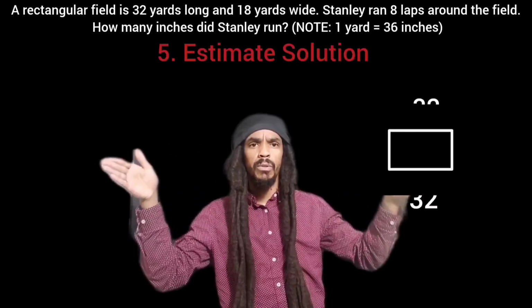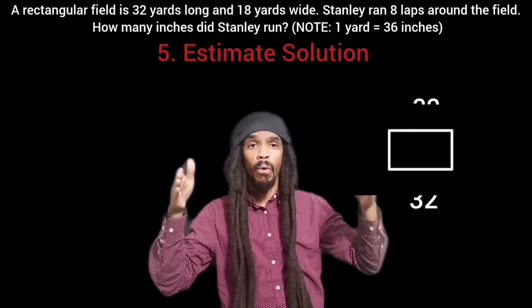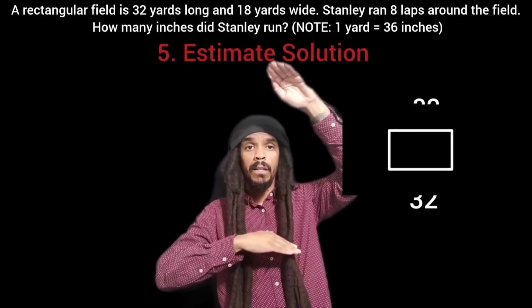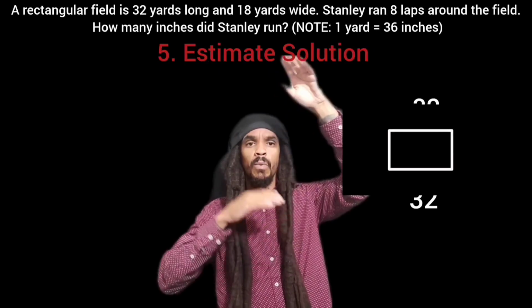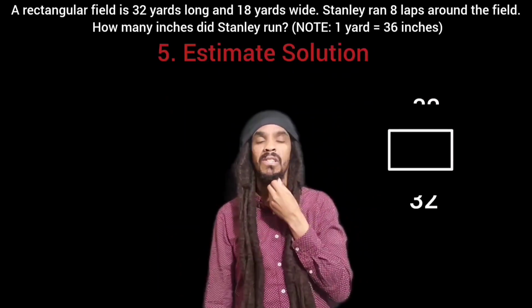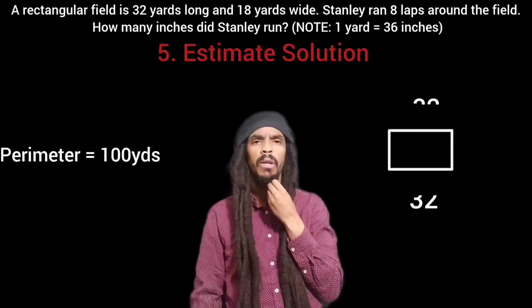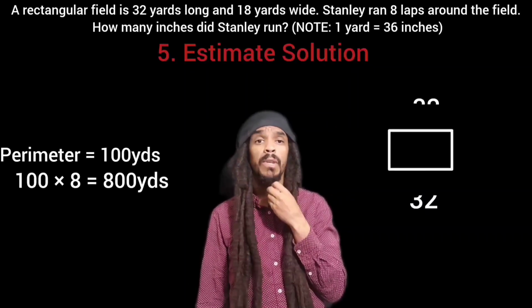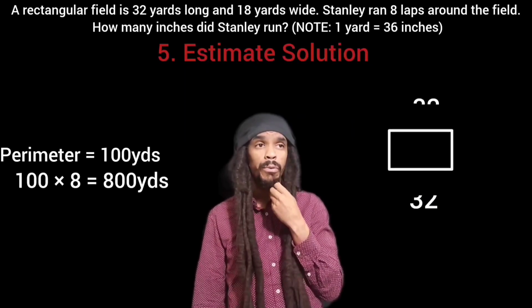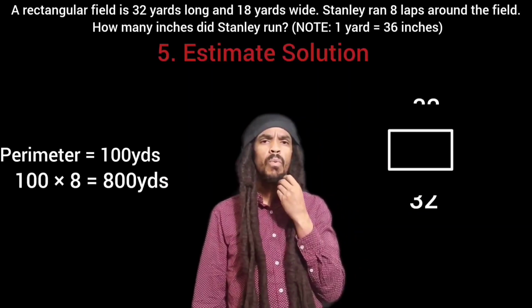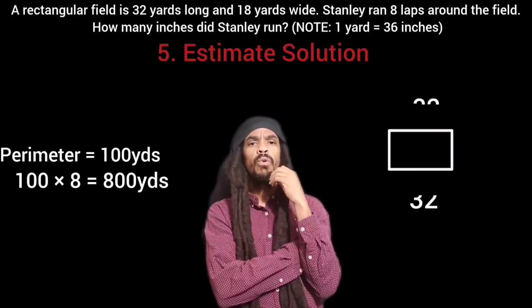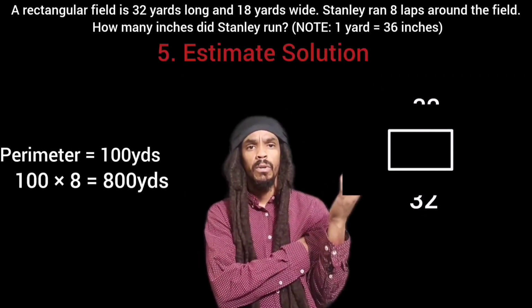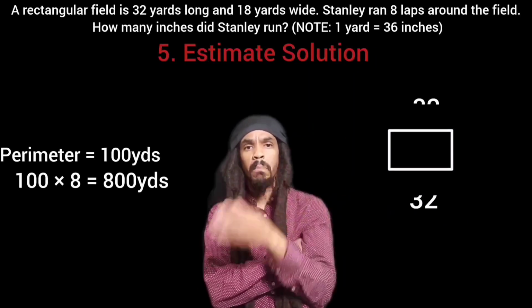32 plus 32, if you didn't know, is 64. 18 plus 18 is 36. And when we add those up, 36 plus 64 is 100. So 100 times 8 is going to be 800. All right. And we're going to do a conversion, going from yards to inches, which means we're going from big to small.